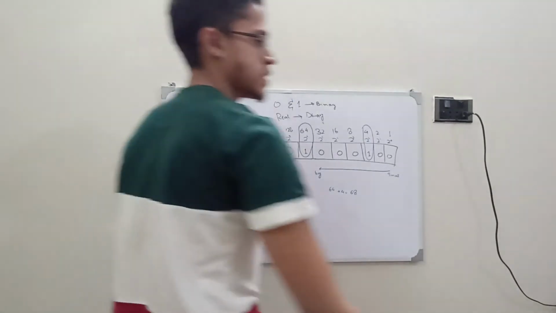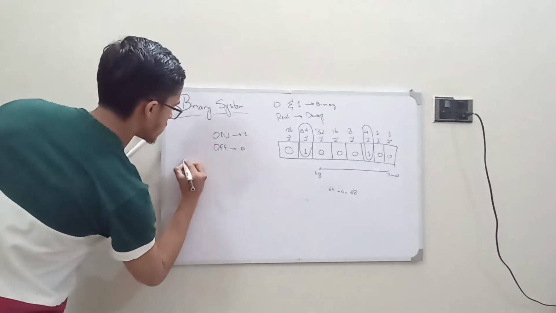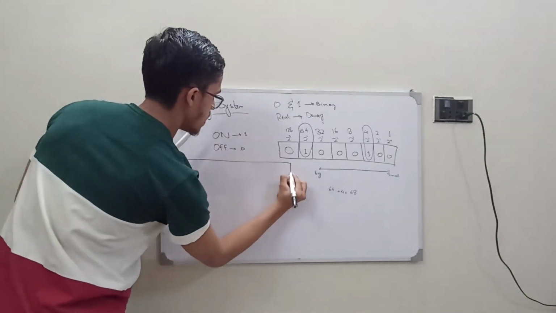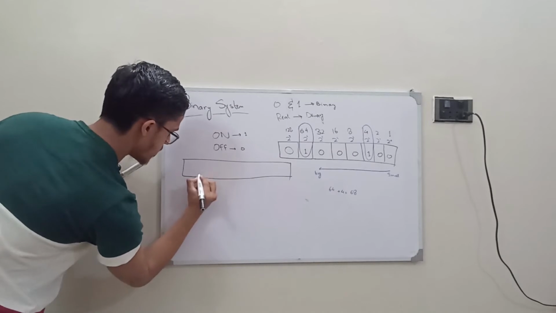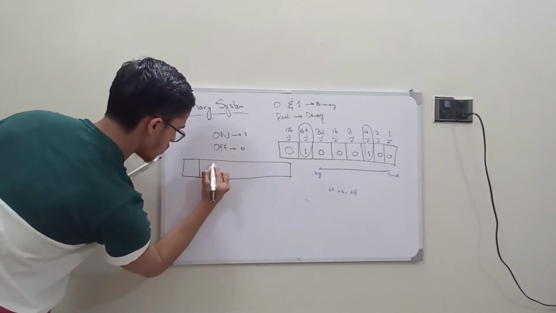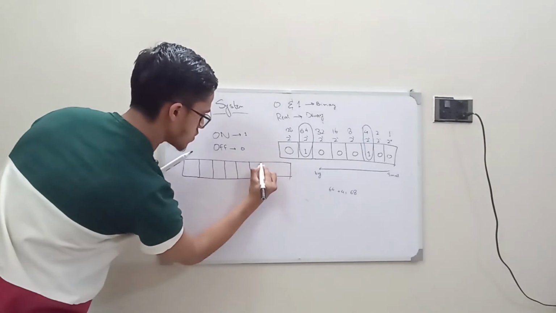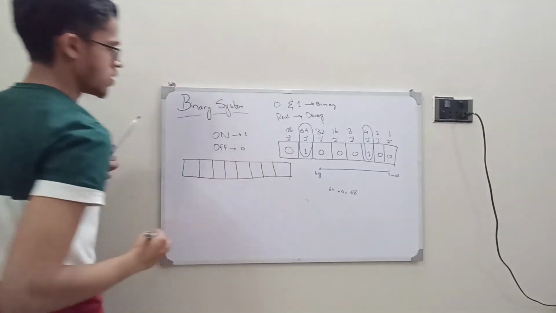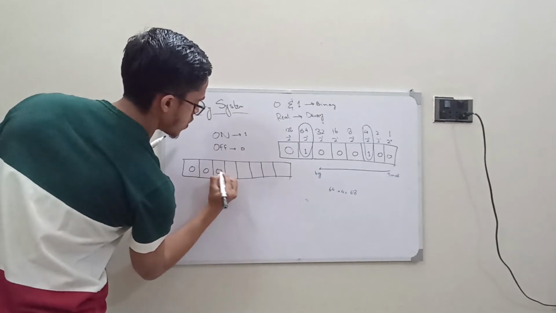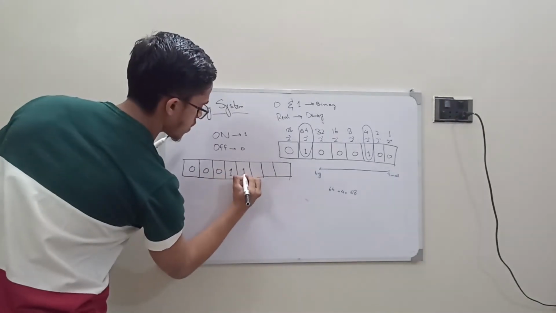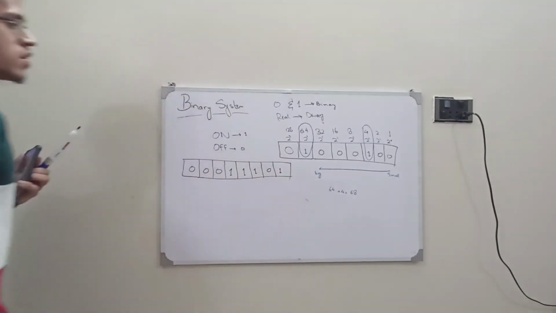Let's consider another example. Let's say we have another 8-bit number: 00011101.